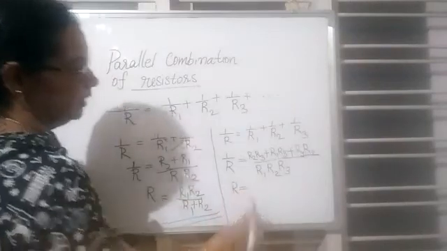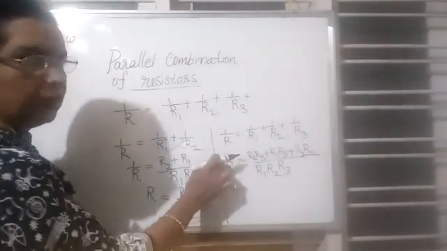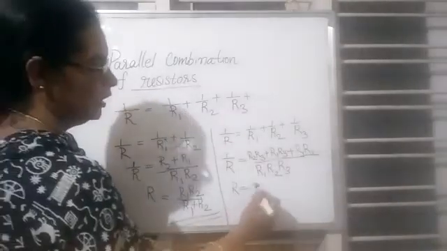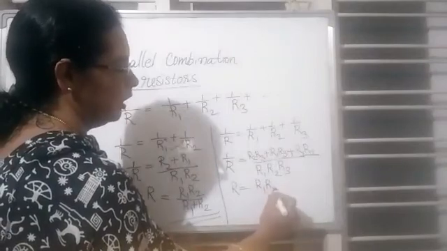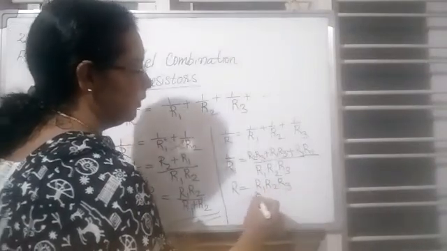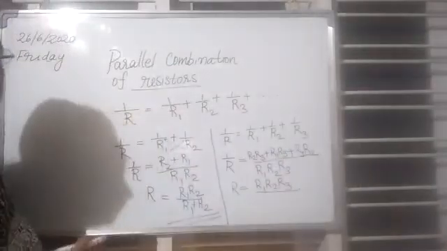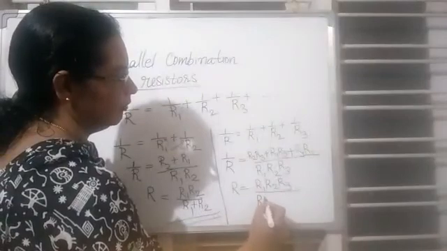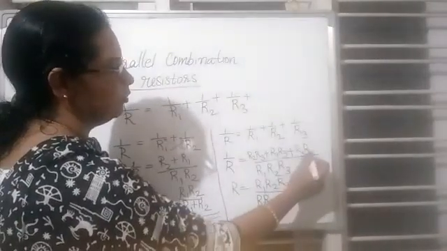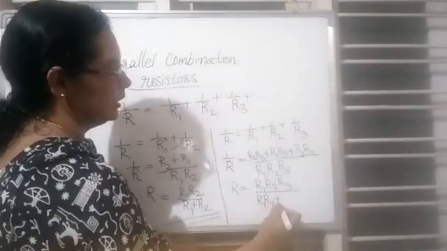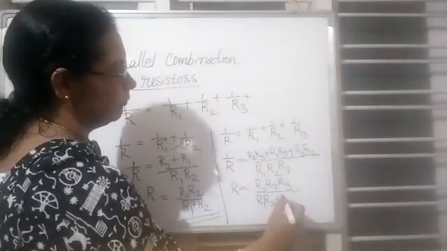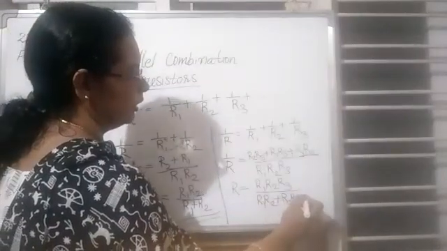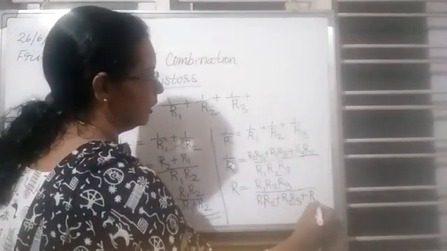The effective resistance is the reciprocal of this, so R is equal to R1, R2, R3 divided by R1, R2 plus R2, R3 plus R1, R3.